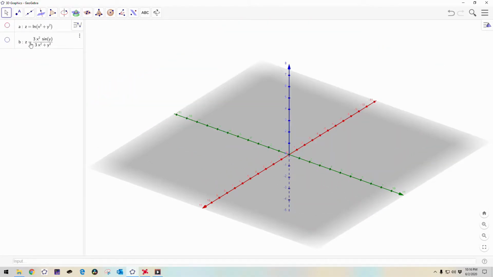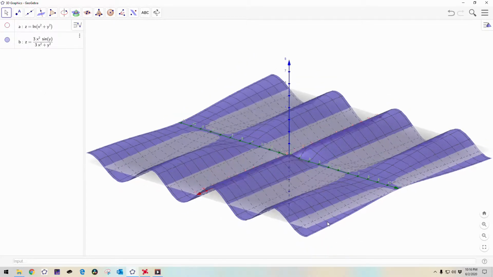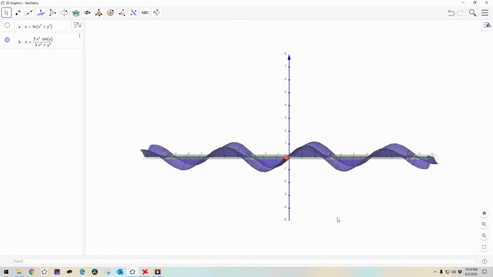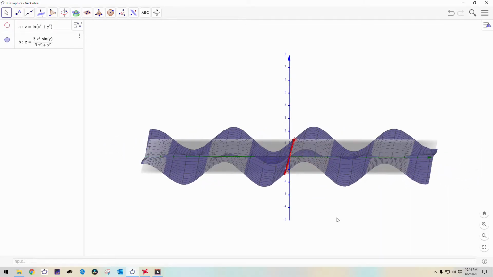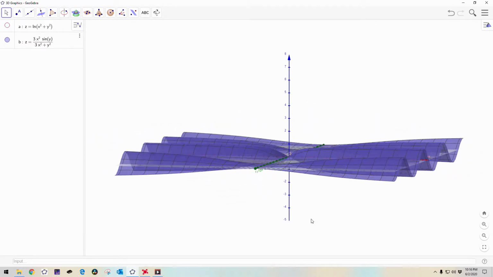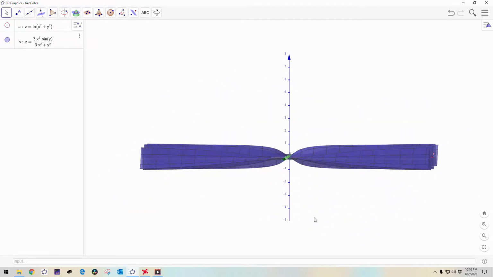Next, we looked at 3x squared sine y divided by 3x squared plus y squared. It has this sort of pinched sinusoid look to it. You can see the cross sections on one side of it are just sine functions basically, and the other cross sections look sort of partially parabolic or almost rational parabolic.